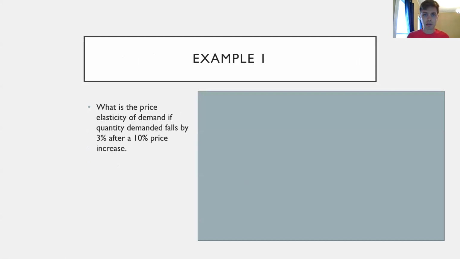Okay, so let's take a look at an example since we already have the formula for elasticity. What is the price elasticity of demand if quantity demanded falls by 3% after a 10% price increase? So elasticity of demand is equal to the percent change in quantity demanded divided by the percent change in price.